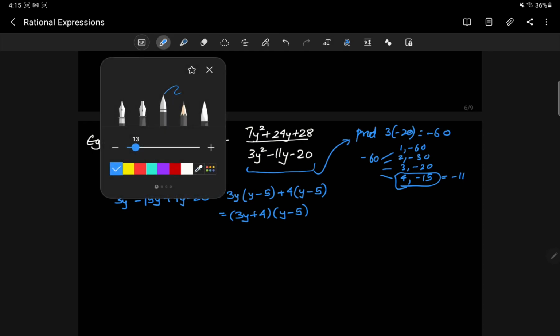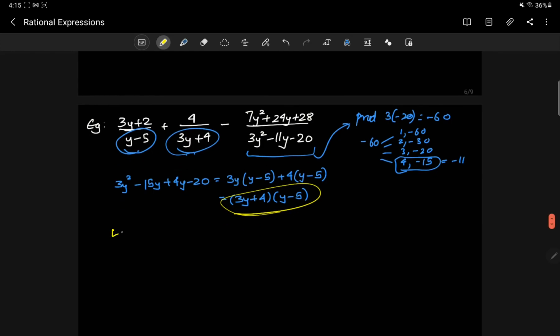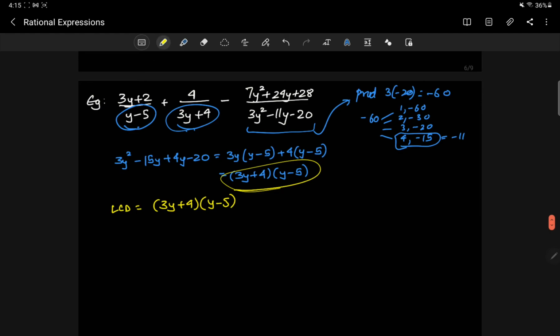So the LCD is just that, because you already have one copy of all of the things you need. So the LCD is 3y plus 4 and y minus 5, which means you don't have to multiply or divide anything on the first one. So let's rewrite the problem.